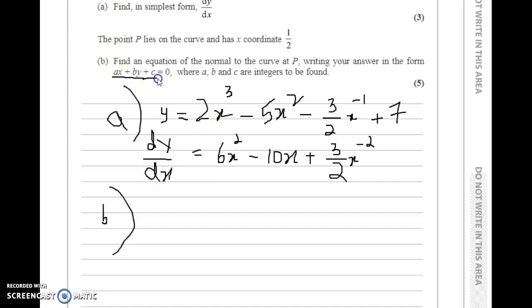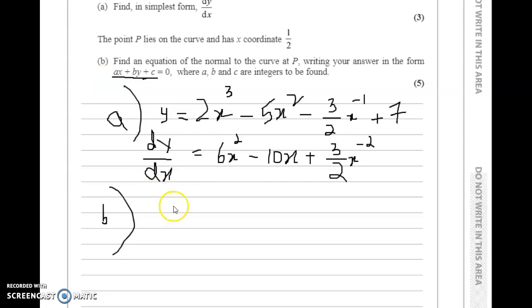What I recommend to students is to plug the x value into the original equation and find the y value, so we can find the gradient and construct an equation.